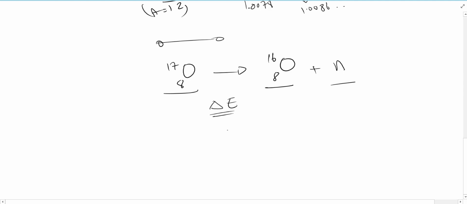Now, how does the neutron removal energy compare to the binding energy per nucleon of oxygen?